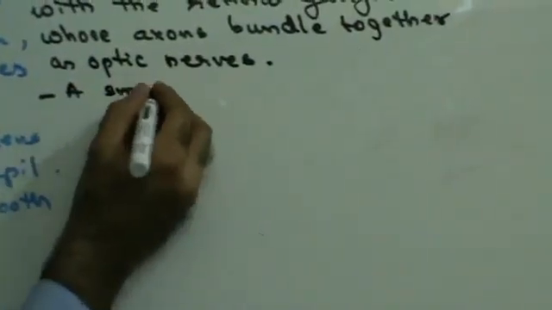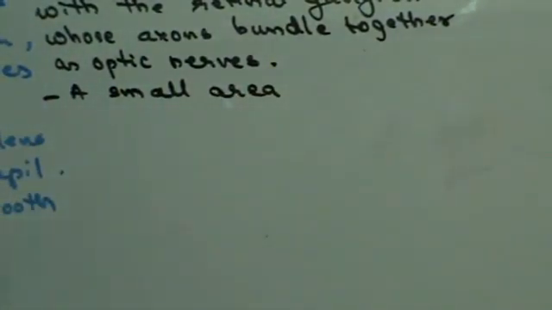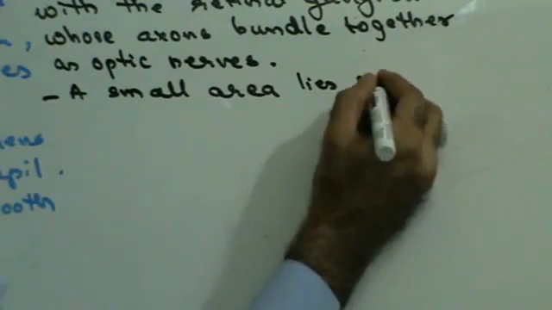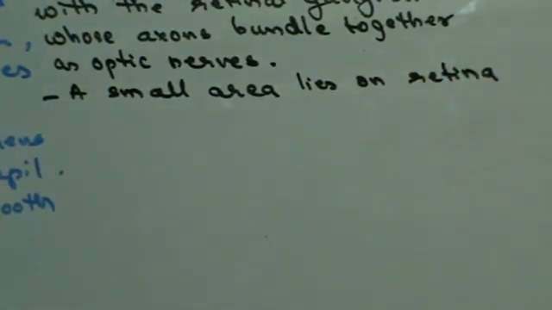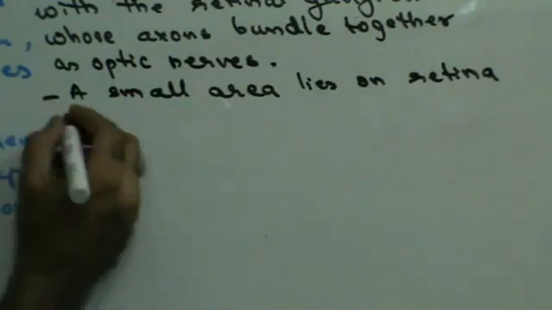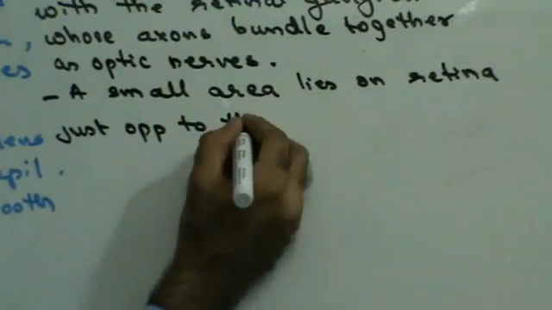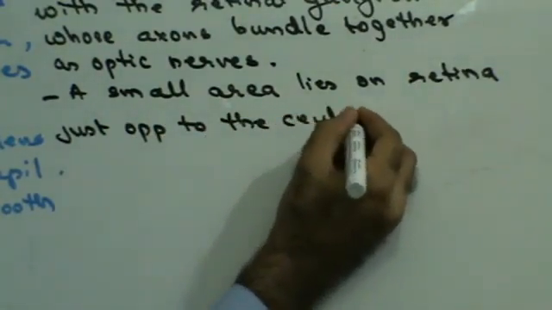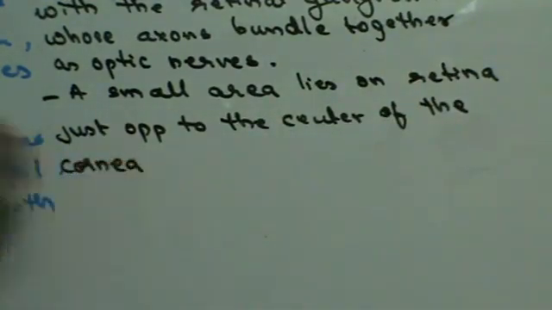So I can say that the next part of the eye is a small area. A small area lies on the retina just opposite to the center of the cornea, called the yellow spot.